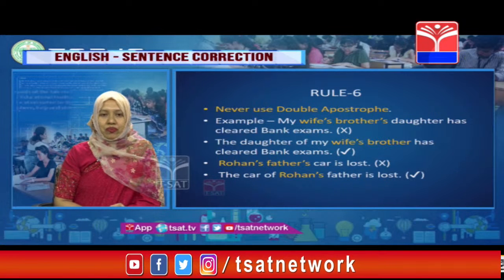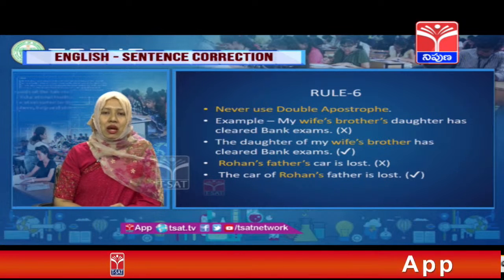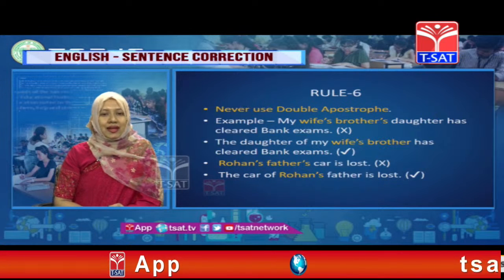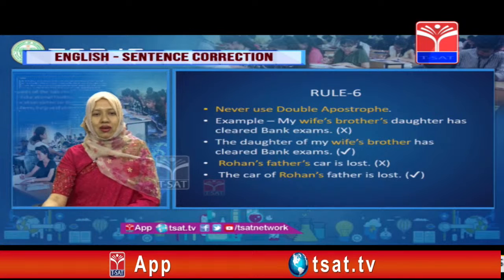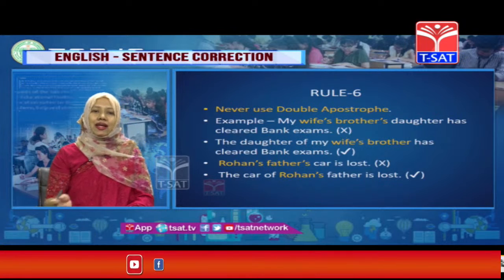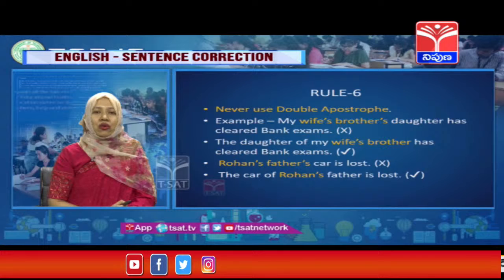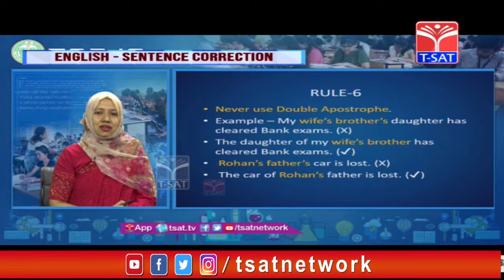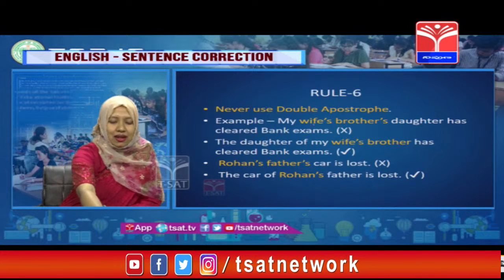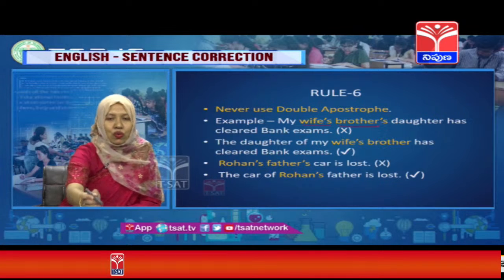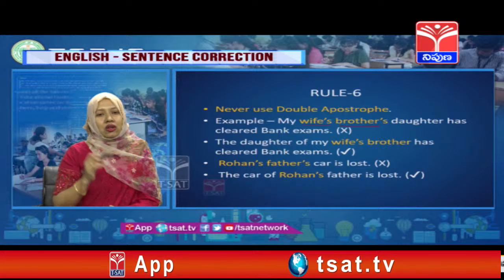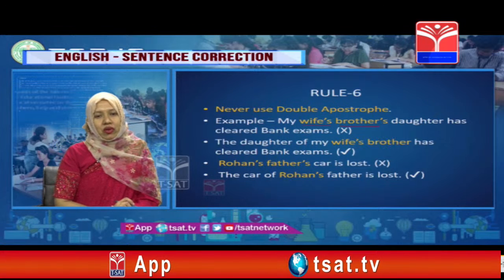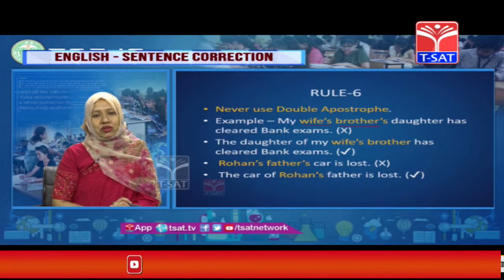Rule 6. Never use double apostrophe. Example, my wife's brother's daughter has cleared bank exams. Now if we look at this sentence, we can see that two nouns are used with an apostrophe. This is called a double apostrophe.